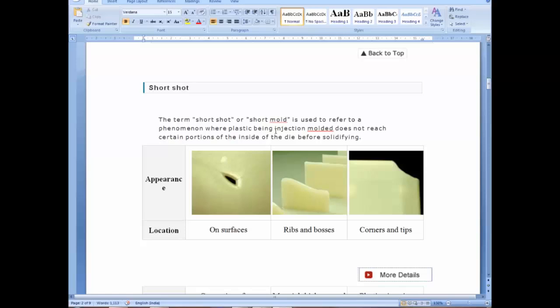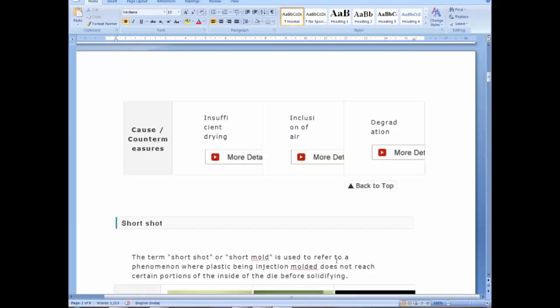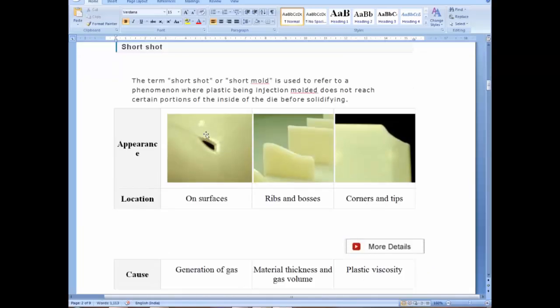When we inject plastic, maybe the portion has an intricate shape, or maybe it is far from our gate. Till the plastic reaches there, the solidifying process starts, that means early solidifying, and the plastic will not fill any further. Short means the plastic has not reached here.